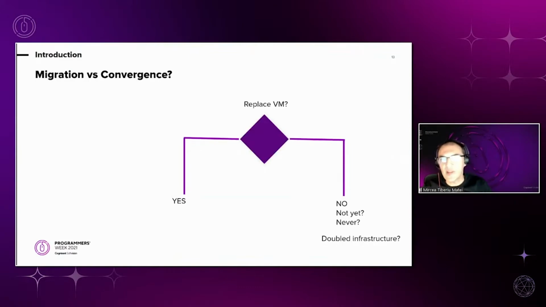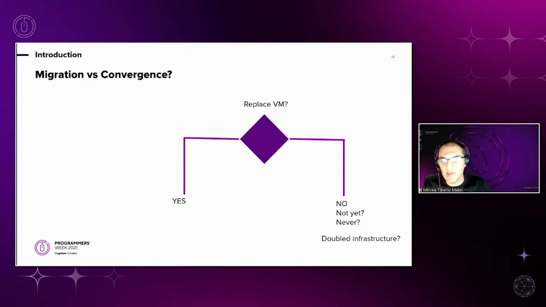Let's have a quick discussion on the alternatives that we have. If the VM workloads can be moved to containers, then it's a migration. We replace the VM by lifting its applications into one or more containers. This is the happy end. But what happens on this branch if the VM workload, from a business perspective or technical point of view, is impossible to replace?